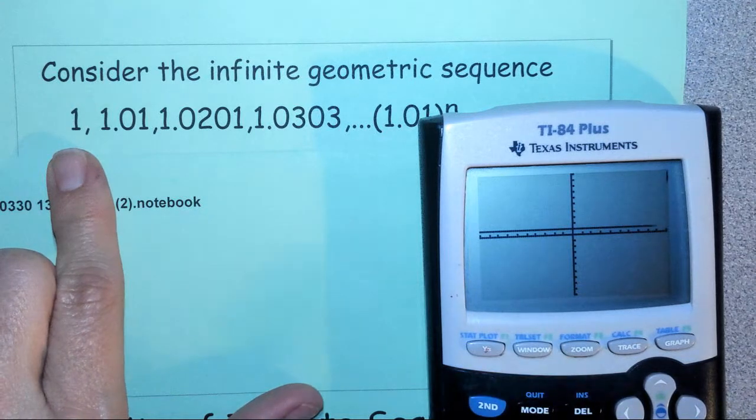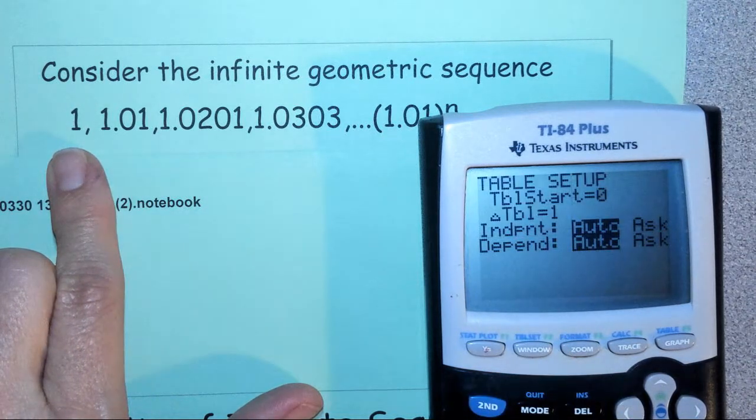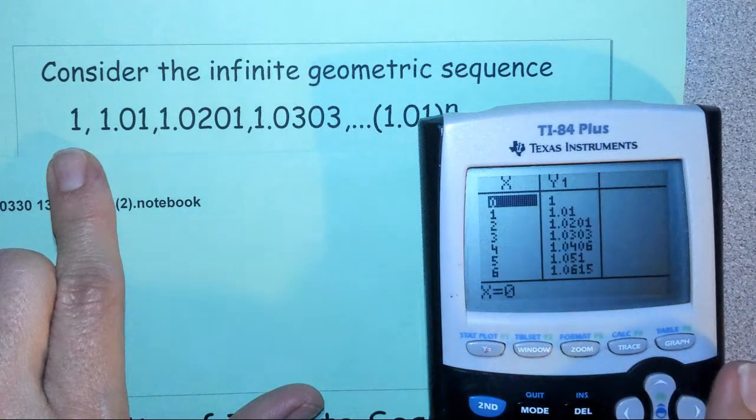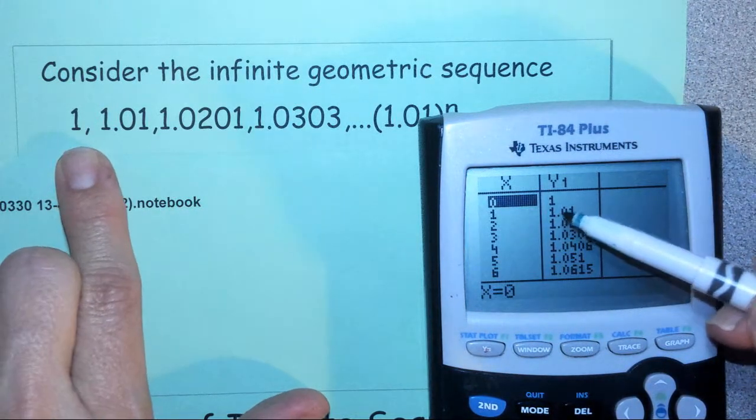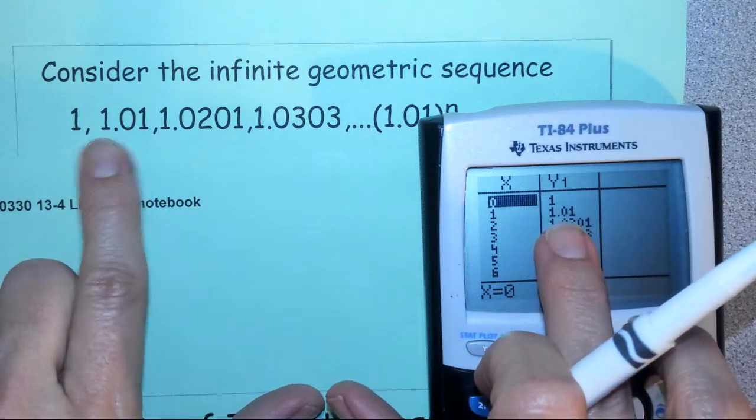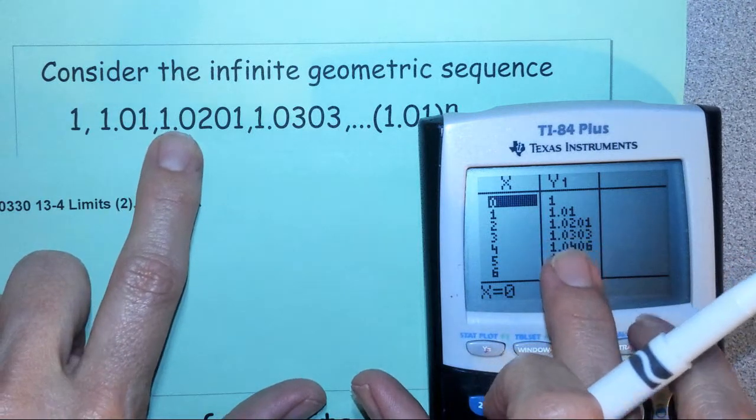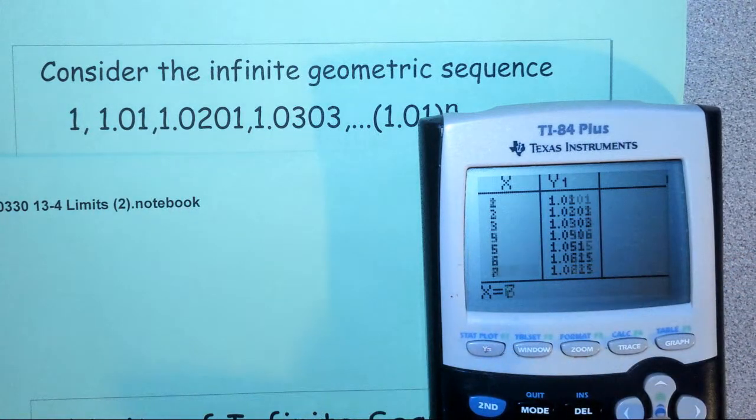Start at 0. And we see that 1.01 raised to the 0 is 1, and then we get the 1.01, the 1.021. And this time, as I hold my finger down, my numbers are actually getting bigger. I have 1.27, 1.37, 1.48, now I'm at 1.5.